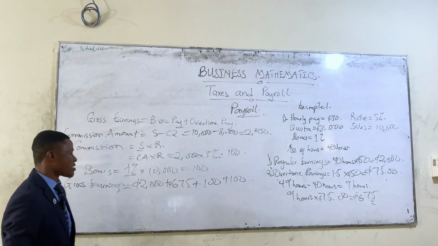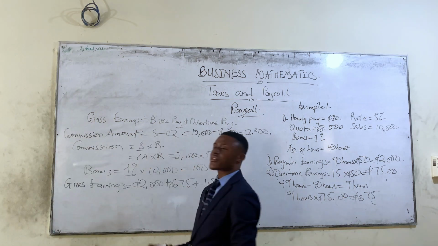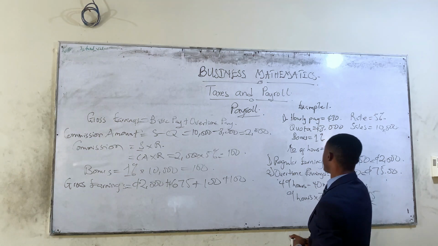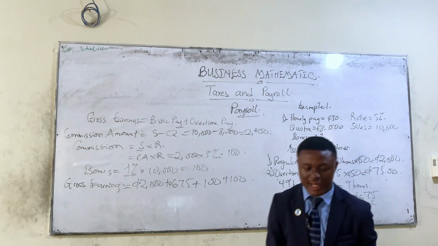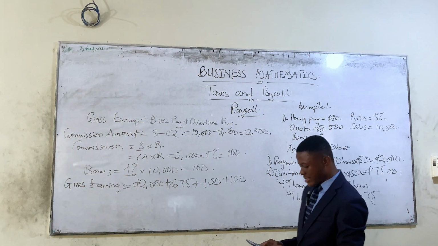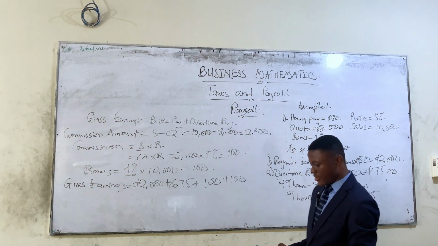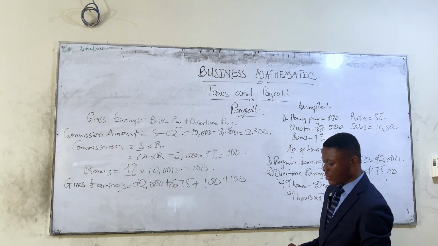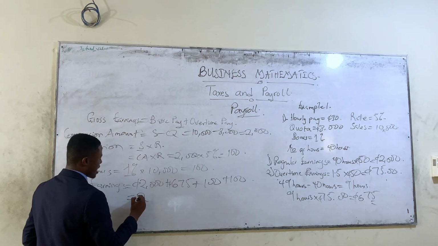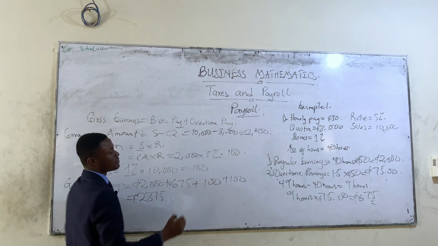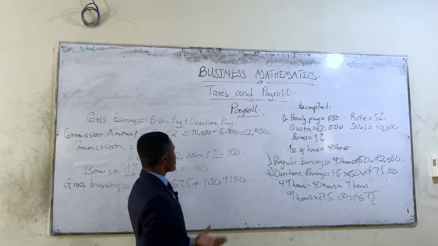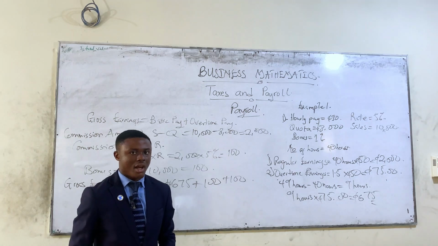So if we want to find our total earnings, we have to add our 2,000 plus 675 plus 100 plus 100, and we are getting our gross earnings: 2,875. So this becomes our answer for the question. Are we good?